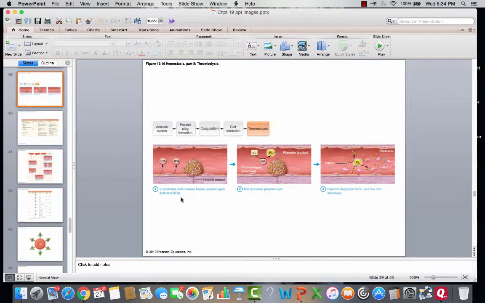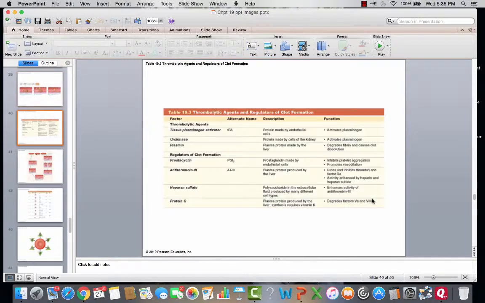So endothelial cells release TPA. TPA is going to activate something called plasminogen. And then the presence of plasminogen is going to help with the formation of plasmin. And that's going to help break apart the clot. So now it can go back into the circulation without causing any issues.